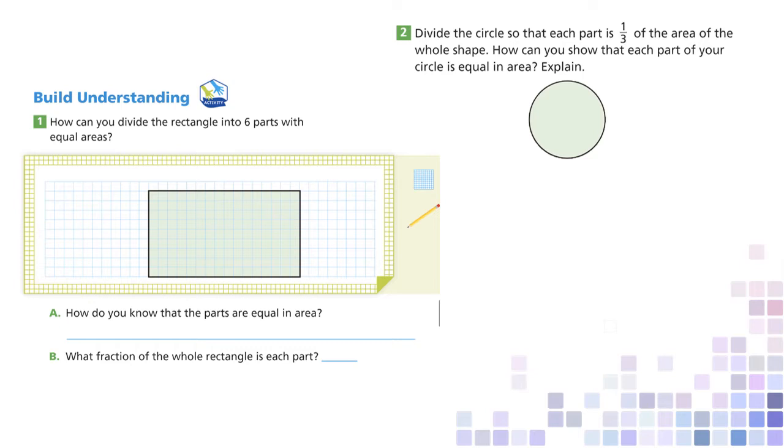Well, if I know that I want to divide it into parts with equal areas, I know that each part is going to have the same amount of square units. Now, I went ahead and I counted how many columns. And I have 16. 1, 2, 3, 4, 5, 6, 7, 8, 9, 10, 11, 12, 13, 14, 15, 16.